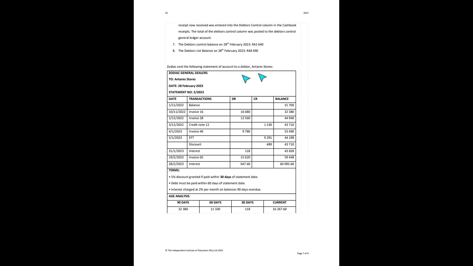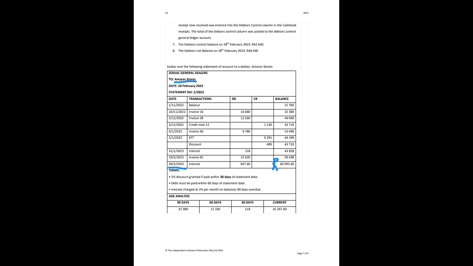Then here is our statement to this one particular customer of ours, Antares Stores. Remember, I told you there's November, December, January, and February transactions, but this is the closing balance of the account as at the 28th of February.